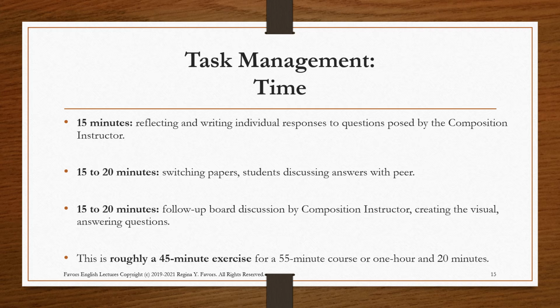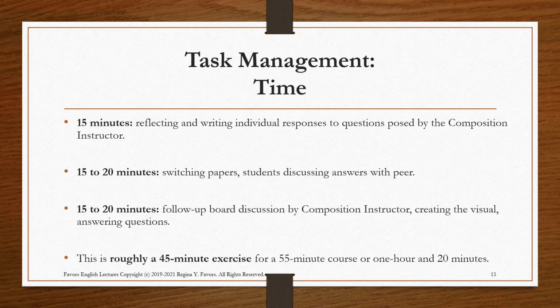So consider this part of the process: the first 45 minutes of the course, if it is a 55-minute course, or it could be an hour and 20 minutes. So your first 15 minutes is getting students to reflect and write individual responses to questions posed by you as the composition instructor. Any questions that you would have them respond to, and we're going to go over them.